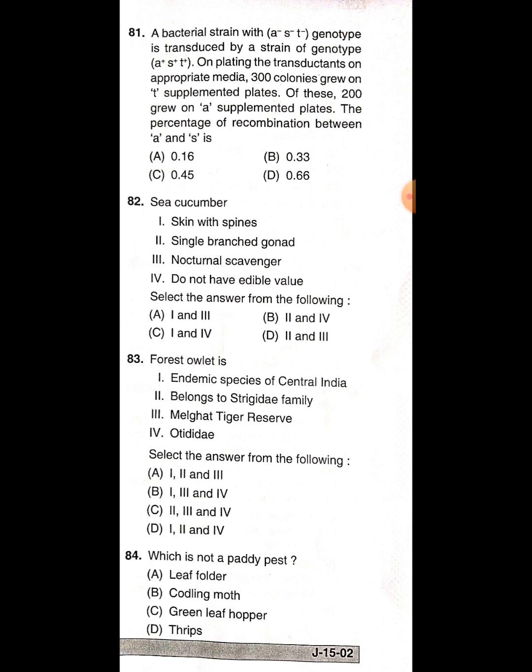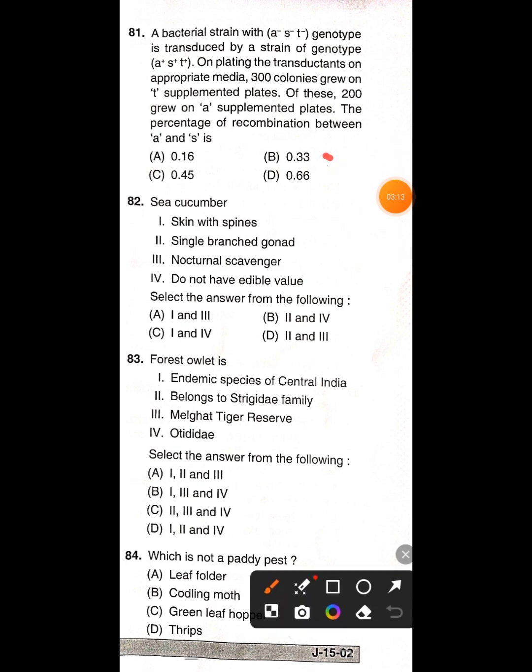So the percentage of recombination between A and S is, options are 0.16, 0.33, 0.45, 0.66. For this the correct answer is 0.33. So let's see the next question.